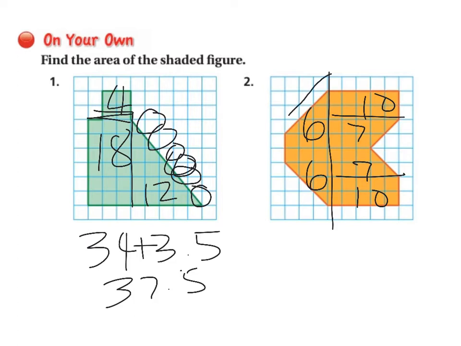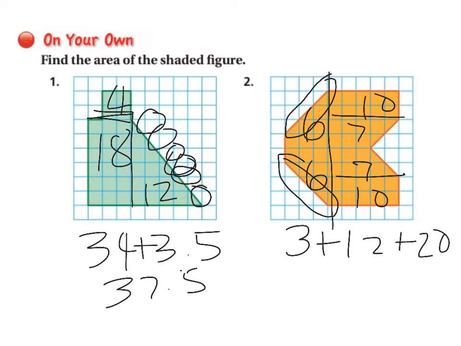So there's 3 half boxes on the top and 3 half boxes on the bottom. 3 plus 3 is 6, and then we multiply that by a half, so that gives us 3. So we've got 3 plus all of these numbers that I scribbled in the box. So 6 plus 6 is 12, plus 20, plus 14, and when we add all of that up, we end up with 51, or we should, or something really close to that.